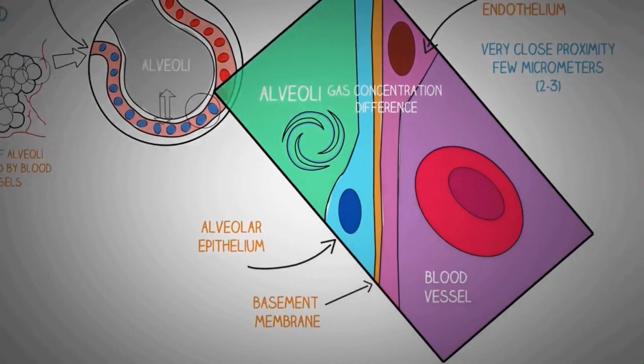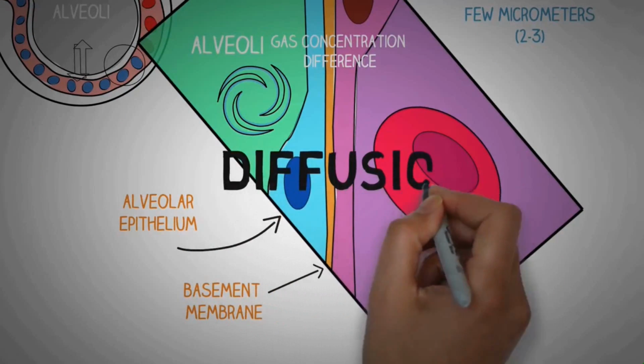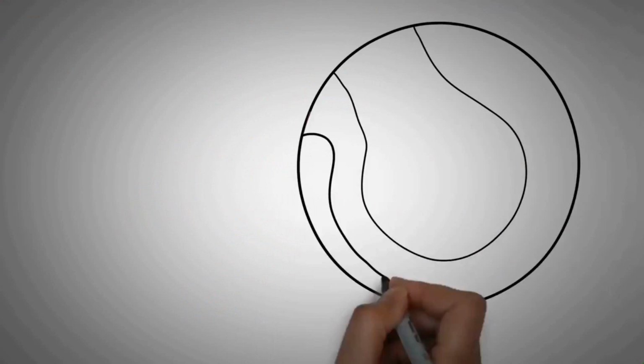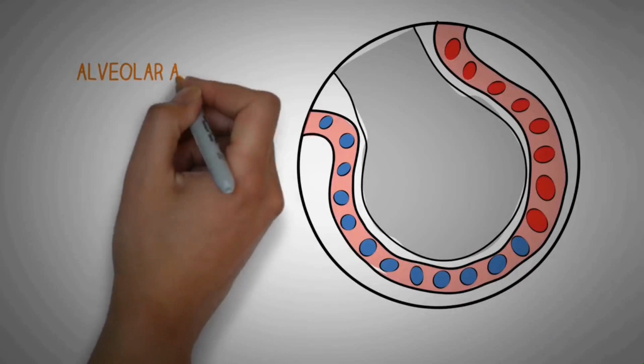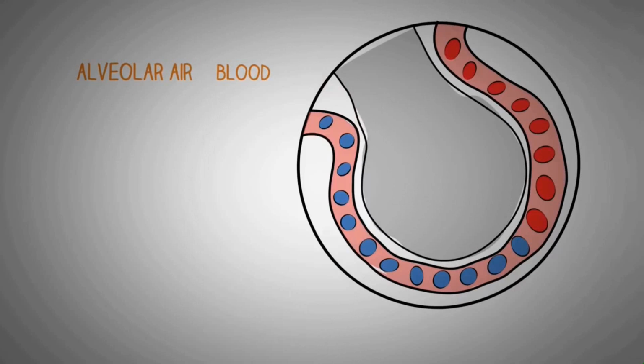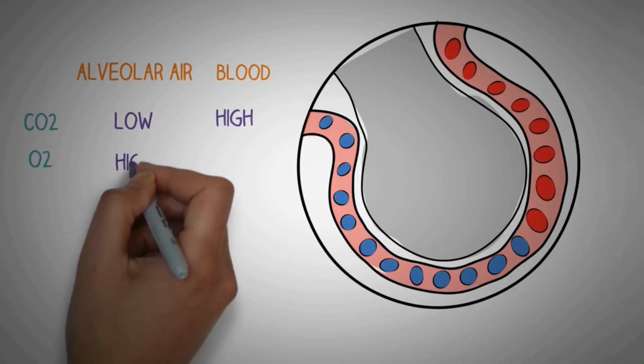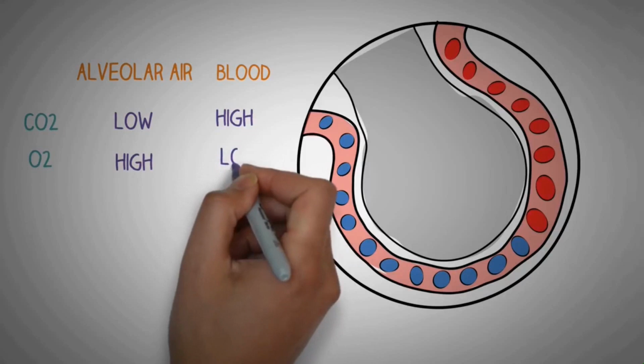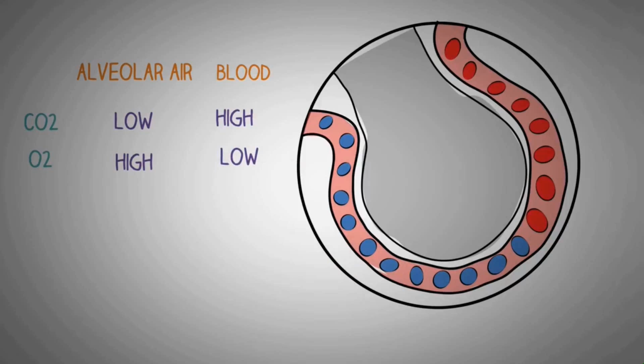Here comes the role of the difference in the concentration of gases on either side. Most of you know that diffusion occurs due to the difference in concentration of a substance on either side. So if we take a look at the concentration difference of carbon dioxide and oxygen between the alveolar air and the blood, we can see that the alveolar air has a low concentration of carbon dioxide as compared to the blood, which has a higher concentration, whereas the opposite is true in case of oxygen, where a high concentration of oxygen is present in alveolar air as compared to a low concentration of oxygen in the blood.